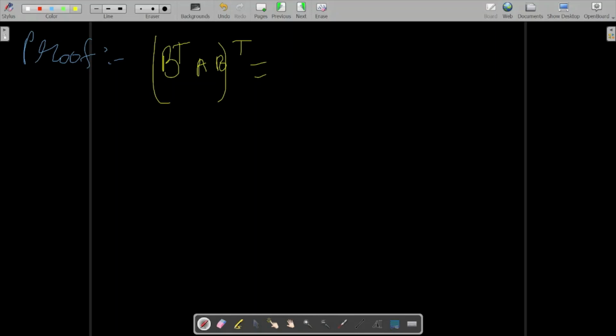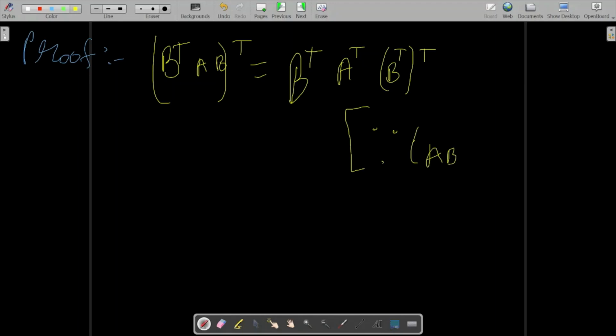As these three matrices are multiplied and its transpose is being taken, by the property which you must have learnt by now, that ABC transpose is equal to C transpose B transpose A transpose, you got this.